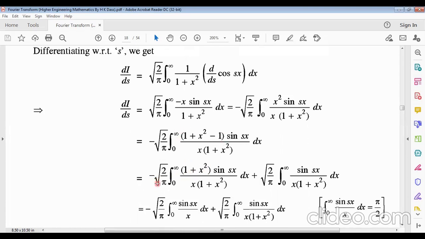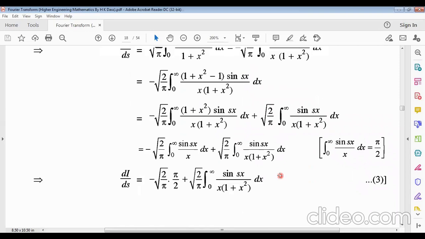One integration makes two parts: the first part is 1 plus x square into sine sx divided by x into 1 plus x square, and the second part is minus 1 into sine sx divided by x into 1 plus x square. So one integration is divided into two parts.